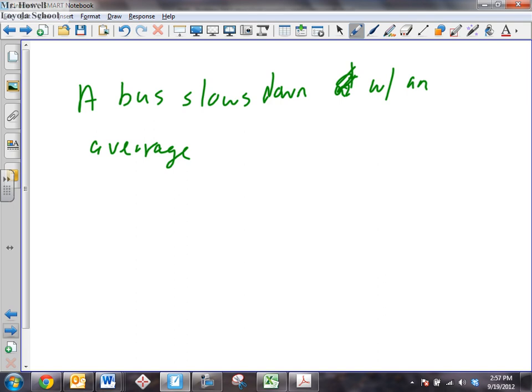That's one word, average. The smartboard's going to help me there. Any misspelling, we'll blame it on the smartboard. A bus slows down with an average acceleration of 1.8 meters per second squared.